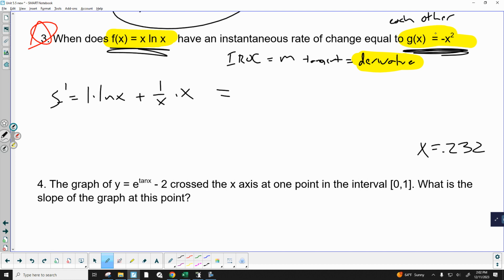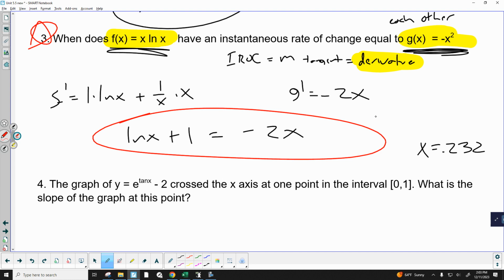But I really mean, when do F and G have the same tangent slope? The wording is weird. That makes sense. This is F's tangent slopes. These are F's rates of change of plugged in x's. These are G tangent slopes. We set up an equation that our calculator solves. We get x equals 0.232.